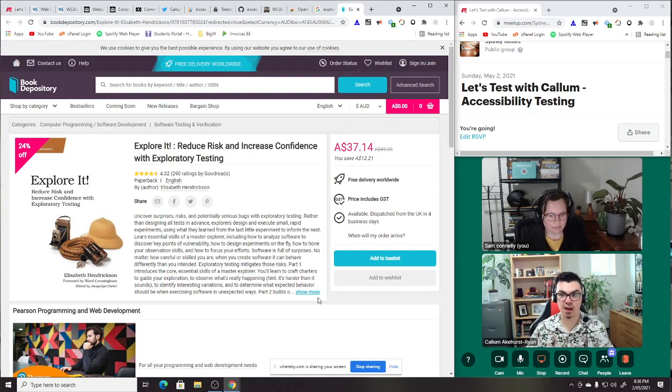And I've based a lot of how I structure charters and missions around what I've read from that book. And if you do pick up a book, you don't necessarily have to read the whole thing to be able to get useful information out of it. I've only read the first couple of chapters of this book to get an idea of how to structure a charter, how to talk about exploratory testing with teams.